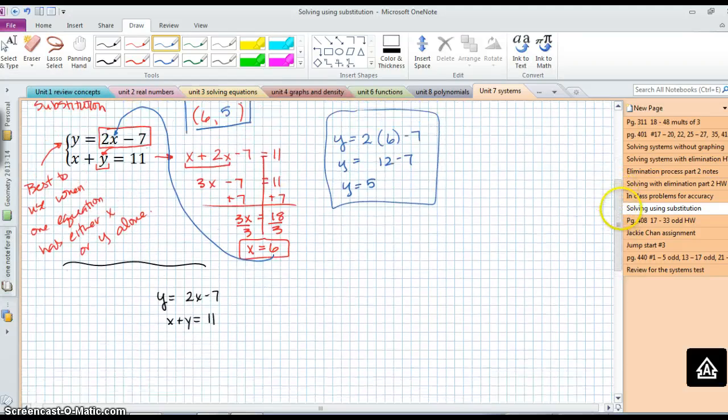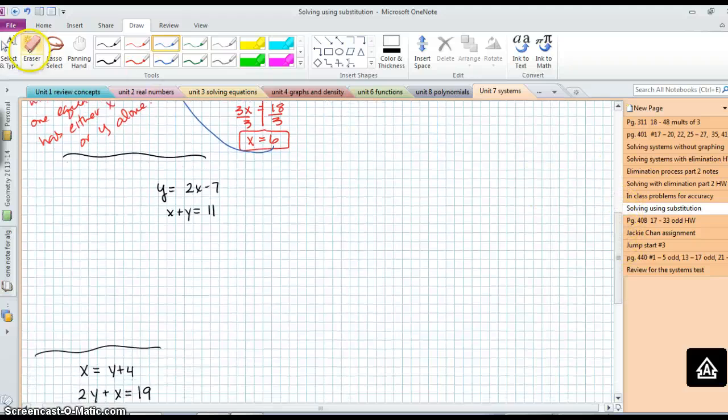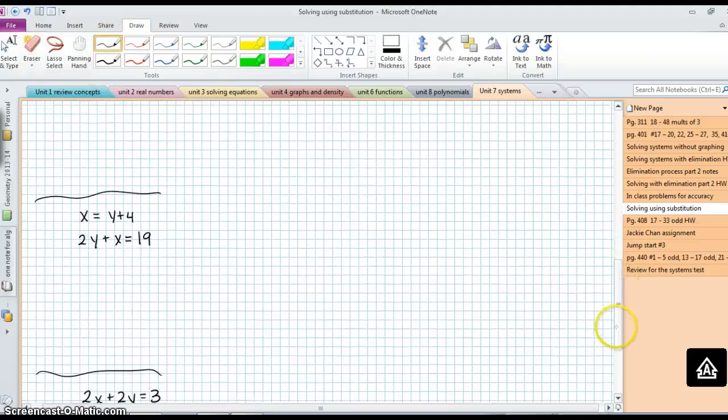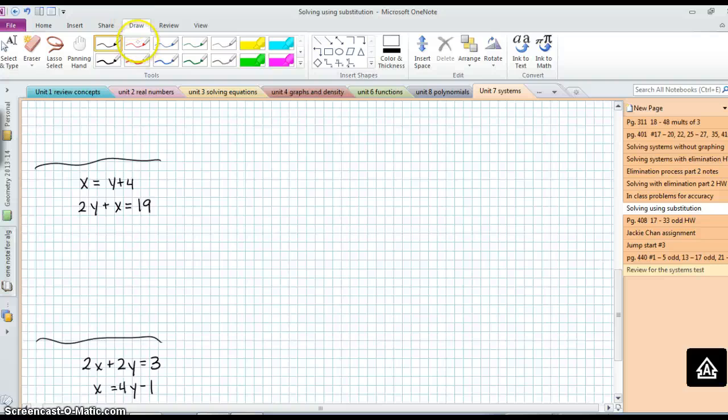Let's look at another one. That was the same equation, so we'll get rid of that. And we'll scroll down here. Okay, so this time, my top equation says that x equals, which means any x, I should be able to replace it with y plus 4.